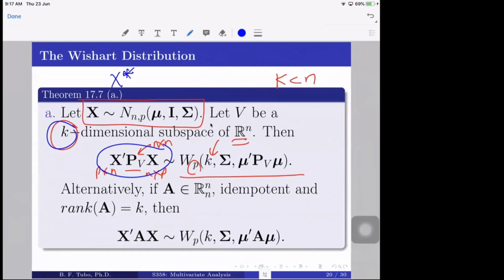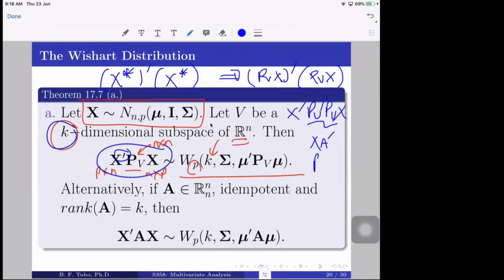Can it be PV x or PV x prime? It is PV x, so x star prime x star will be x prime PV prime PV x.